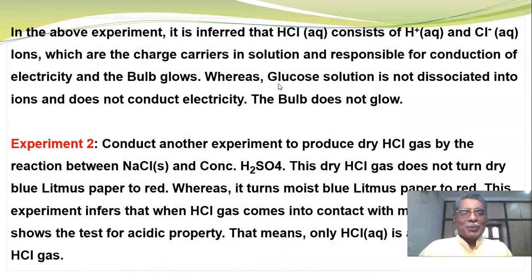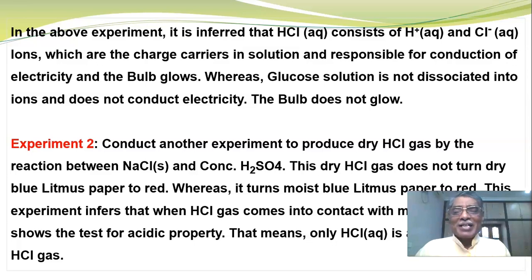In the above experiment, it is inferred that HCl(aq) consists of H+(aq) ions and Cl-(aq) ions, which are the charge carriers in solution and responsible for conduction of electricity, and the bulb glows. Whereas glucose solution is not dissociated into ions and does not conduct electricity, so the bulb does not glow.